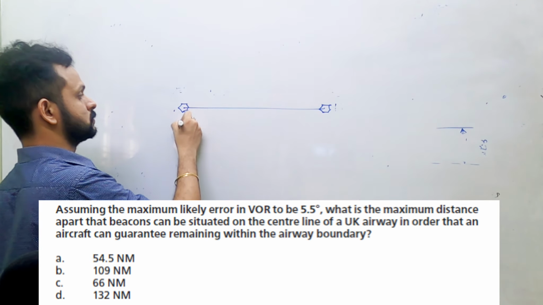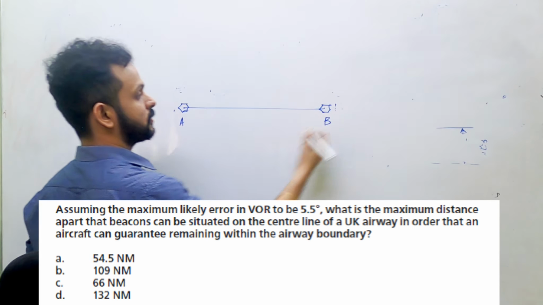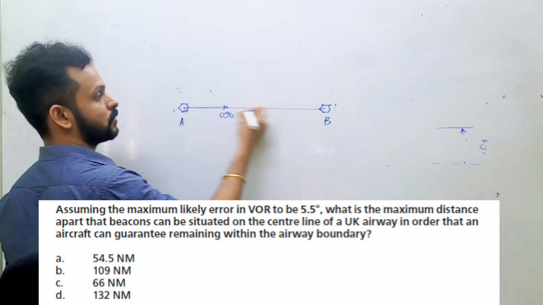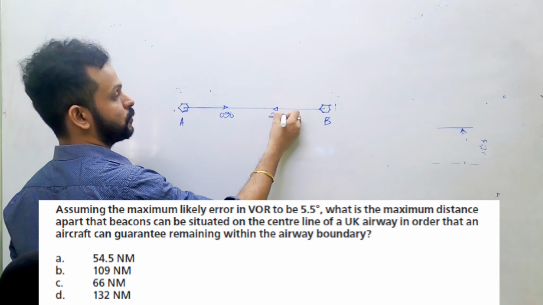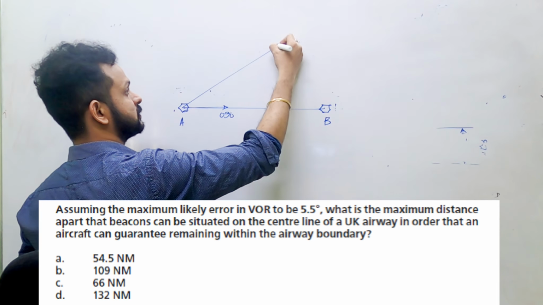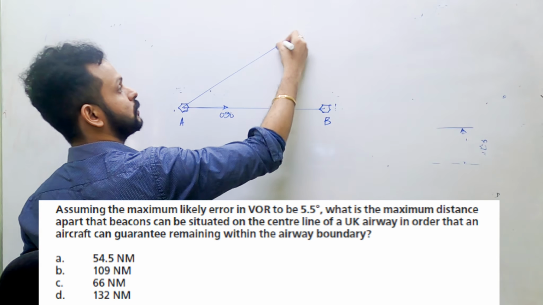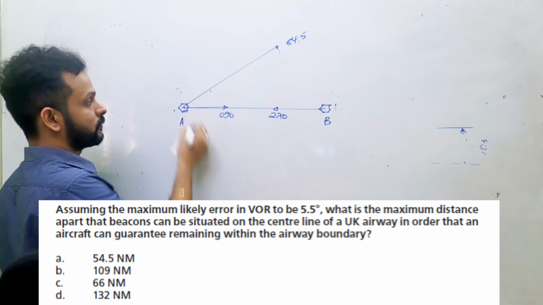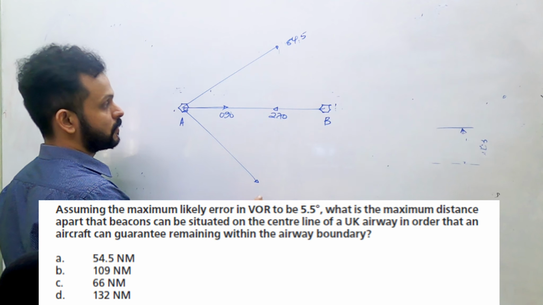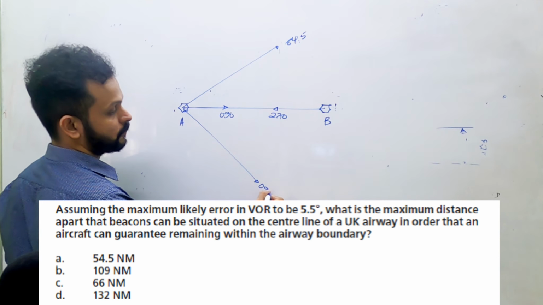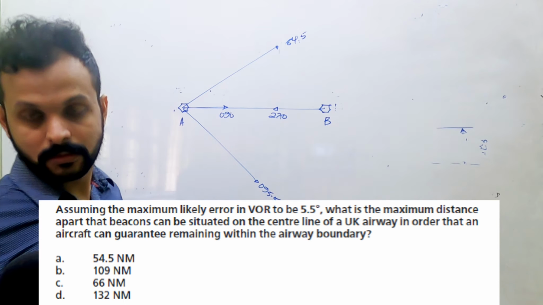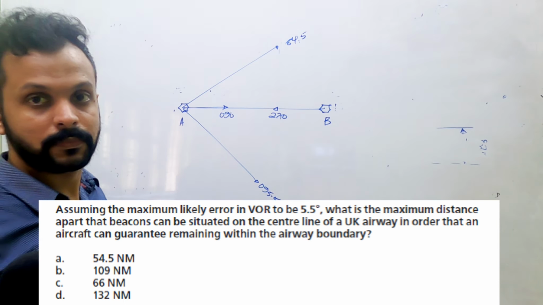Okay. So two VORs, A and B. This is 090 outbound and this is 270 inbound. So what are the radials now? This is 84.5 and this is a radial of 95.5.